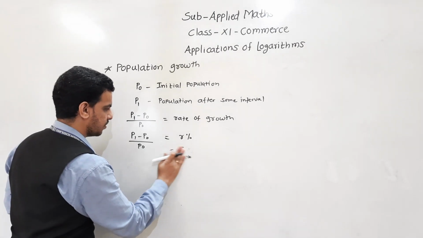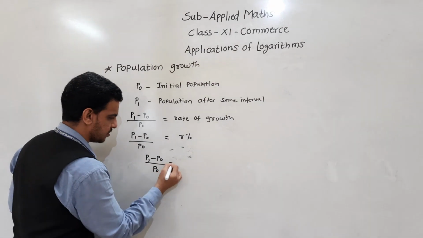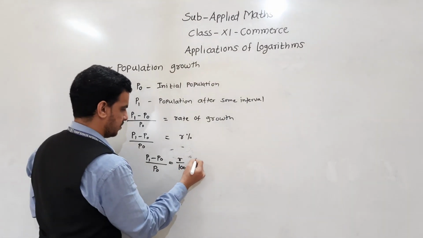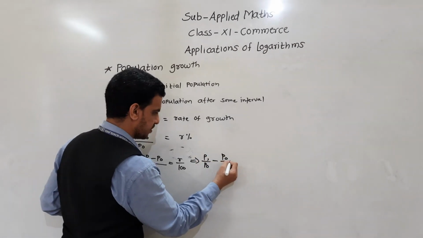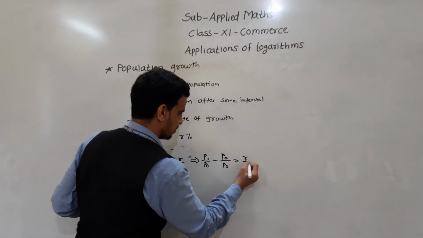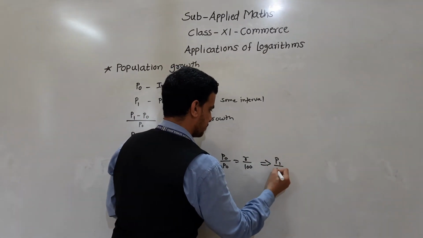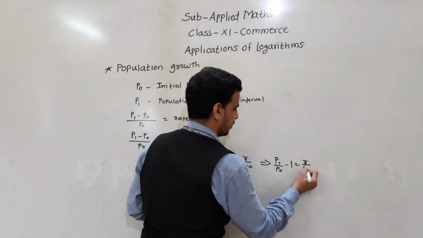I will write here (P1 minus P0) upon P0 is equal to R by 100. Now if we separate this, P1 upon P0 minus P0 upon P0 is equal to R by 100. So it is P1 upon P0 minus 1 is equal to R by 100.